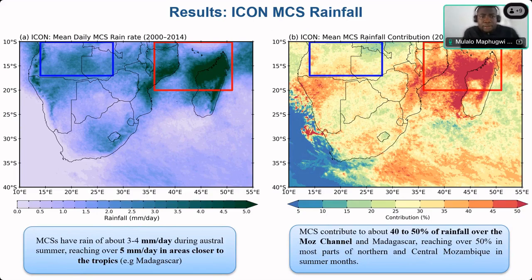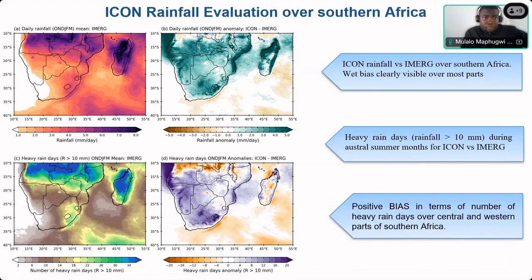But you look at the west of Southern Africa, the region around the blue box going down to northern parts of Namibia, there seems to be a high contribution of these systems, whereas this is not what is truly observed for observed mesoscale convective systems as compared to what we're seeing here in ICON. So that's one thing to take note of.